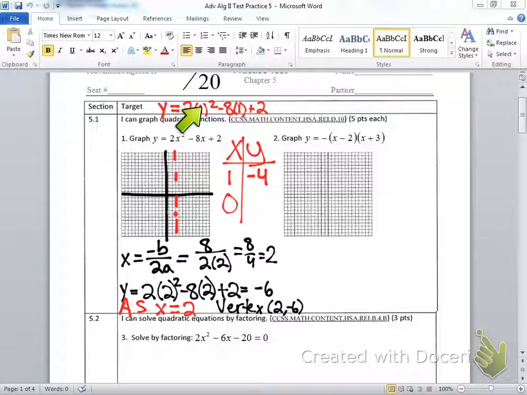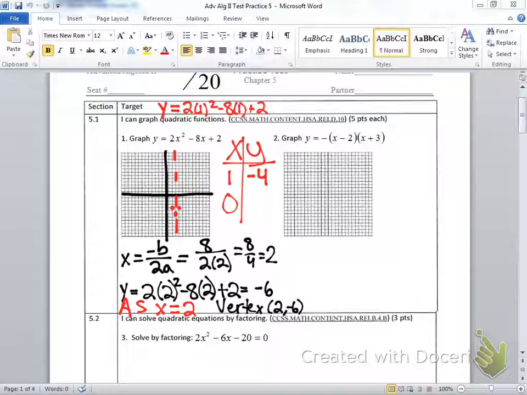Again, you square it, then you multiply it by the 2. Order of operations. So if I go to graph 1, negative 4, I can also go to the right side of the axis of symmetry, and I have the point 3, negative 4.